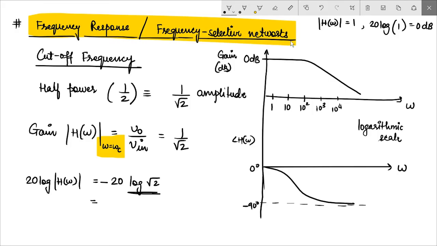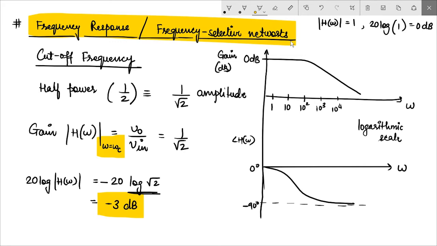This would give us about 0.15. When you multiply, this would give us minus 3 dB. So another way of saying what is cutoff frequency is that where the gain of the system drops by 3 dB.